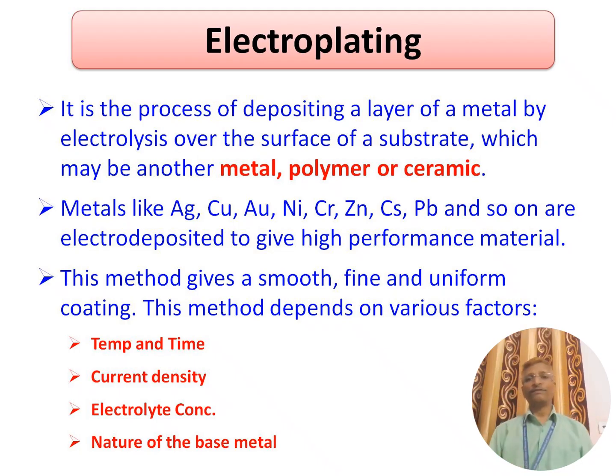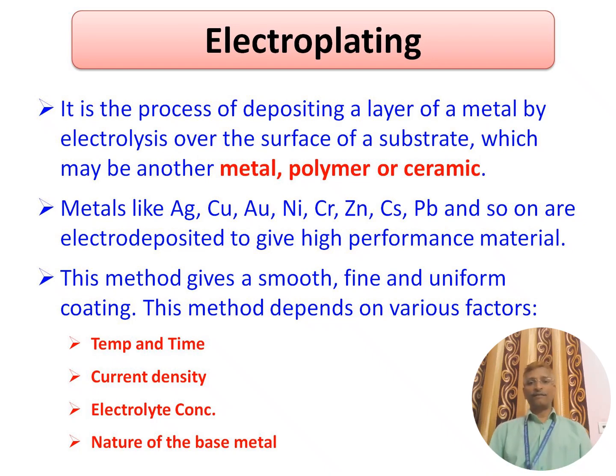It's a very simple process: depositing a layer of metal by electrolysis over the surface of a substrate, which may be another metal or polymer or ceramic. Simple galvanization, I think all of you know, is the same process. Galvanization is the best example of electroplating.